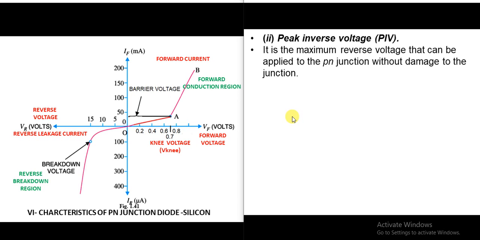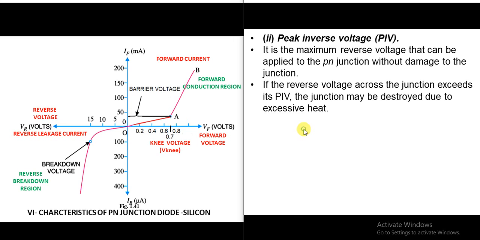So we are talking about this reverse voltage. If the reverse voltage applied across the junction exceeds its PIV, the junction again is destroyed because of the excessive heat energy liberated.